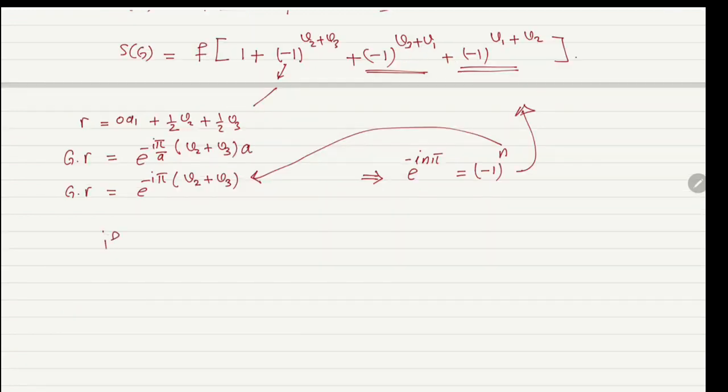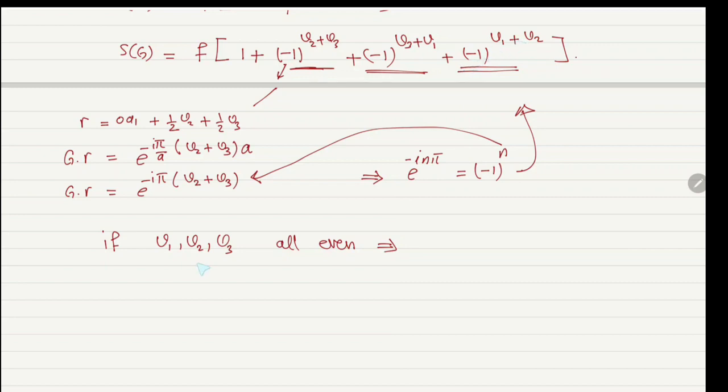Now, if V1, V2, V3 all even, let's see what's going to happen here. Let's just apply for the structure factor. Now V2 plus V3, even plus even, it's even, minus 1 to the power even number is just 1. Now this one here is just 1, and this one here is just 1, same definition.